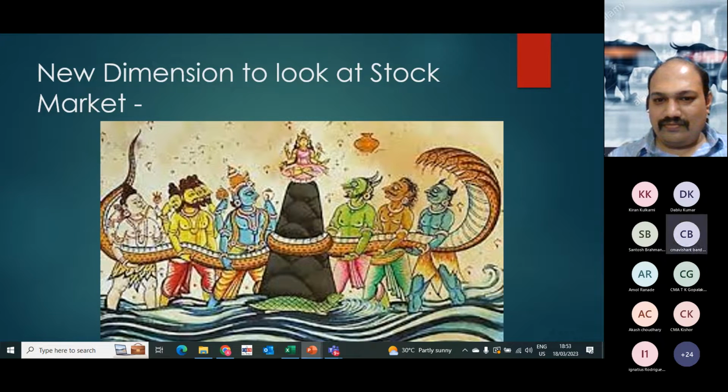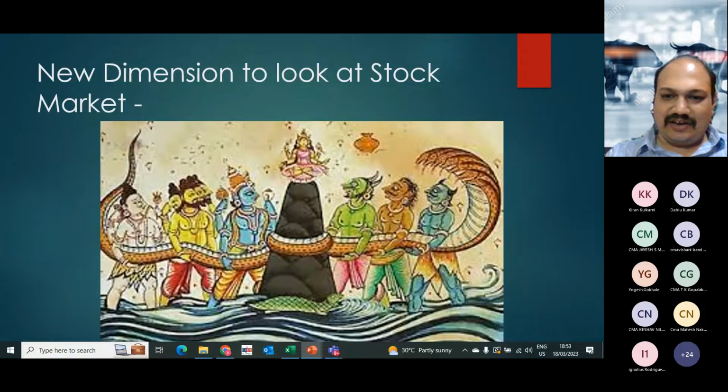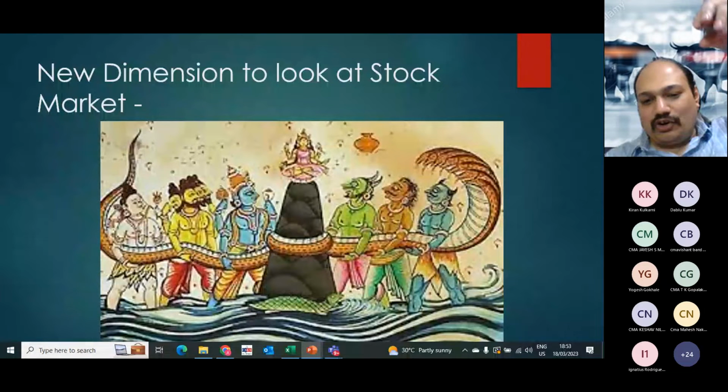The bulls and bears in the market, they pull the market and earn profit or loss at a given point of time. Absolutely correct. Asuras, these are bears. And the Devas or Suras, these are bulls. Bulls always want an upward market and Asuras always want a downward market.